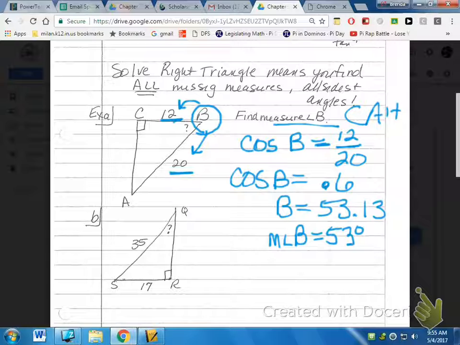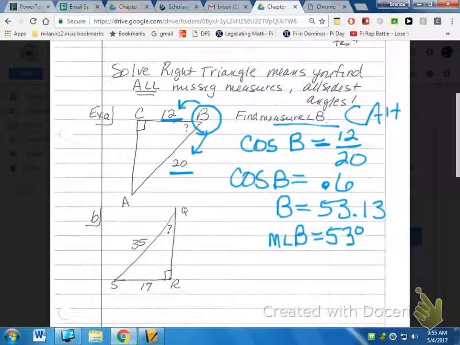Could you have gotten the exact same thing if you would have used just the sine of B? No, the sine of B is opposite over hypotenuse, and right now we don't have the opposite side of angle B. If we did, then the answer would be yes. We don't have it though, so we're only going to use the 12 and the 20.